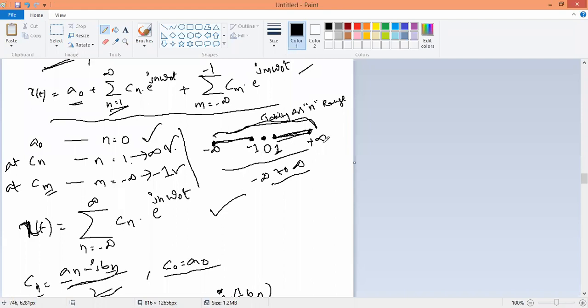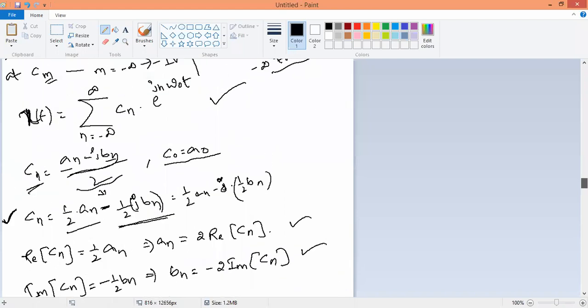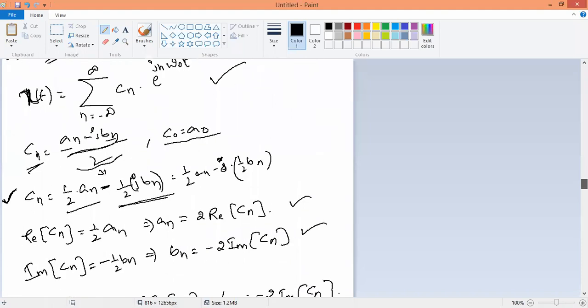Please check these two things. Correct. Now n equal minus infinity to infinity Cn into e power jn omega naught t. This is the final equation: x of t equal sigma n equal minus infinity to infinity Cn into e power jn omega naught t.